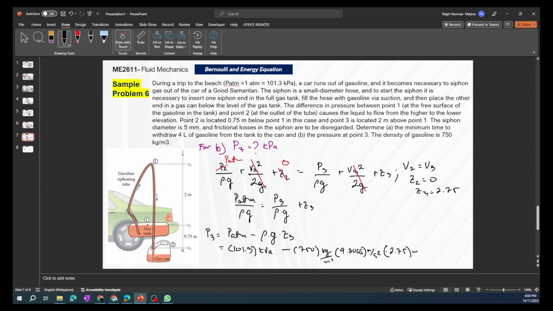And then we're just going to convert that newton into kilonewton so that we have kilonewton per meter squared, so it's going to be times 1 kilonewton divided by 1,000 newtons.